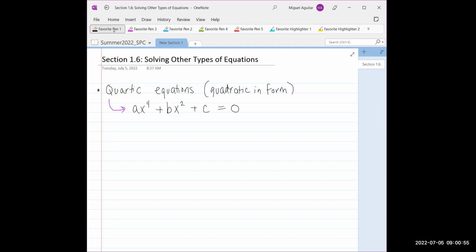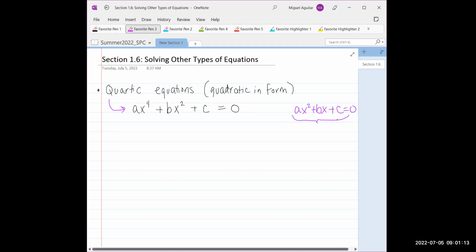It has that exponent of 4, and just to compare and contrast, remember this sort of looks like our standard form for quadratic equations, which would be ax squared plus bx plus c equals 0, right? That's standard form for our quadratic.